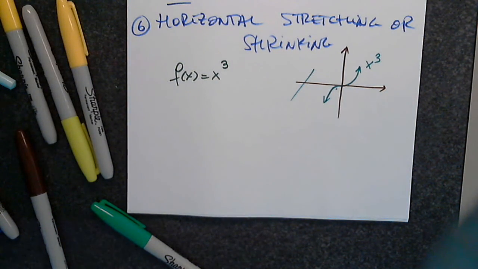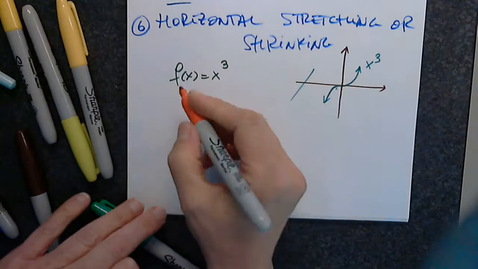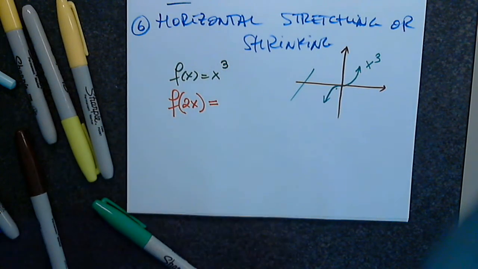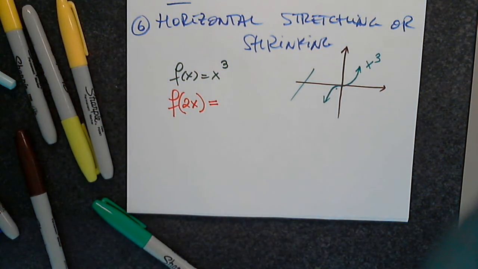Okay, now the next question I have for you is, how do I determine f of twice x? We know how to determine this because we know how to evaluate a function. The function says f of whatever equals whatever cubed. So now I would like to determine f of twice x. Before you say anything, what am I changing?